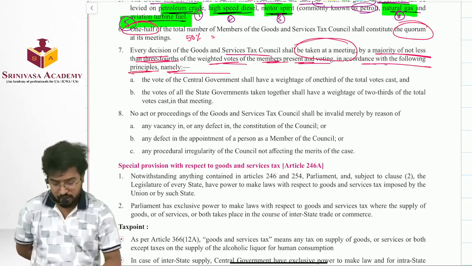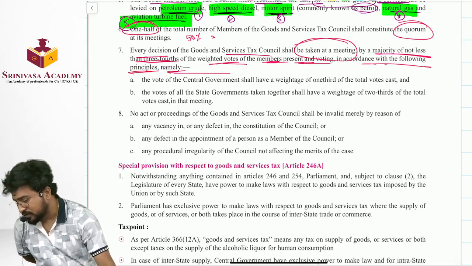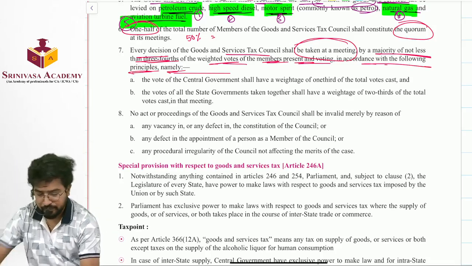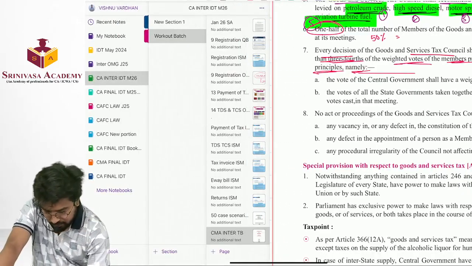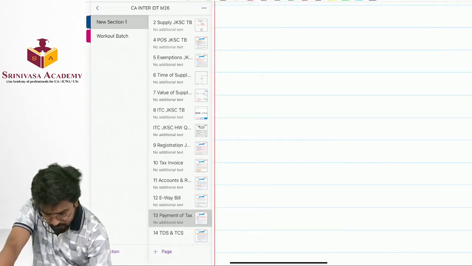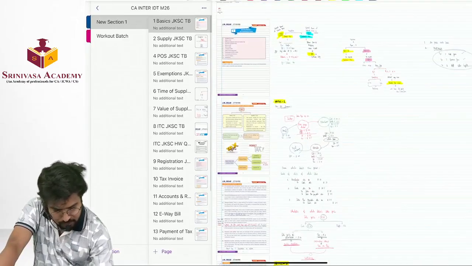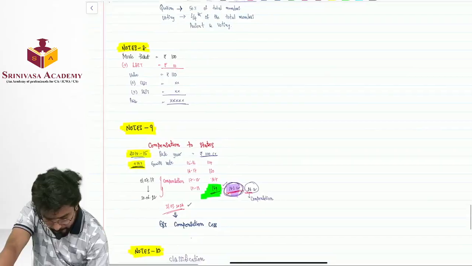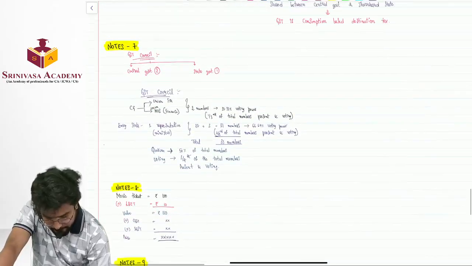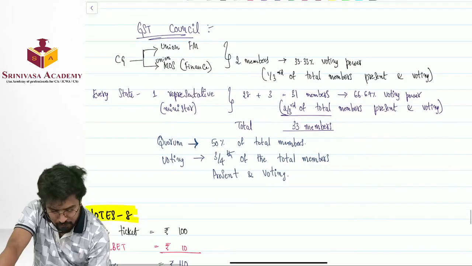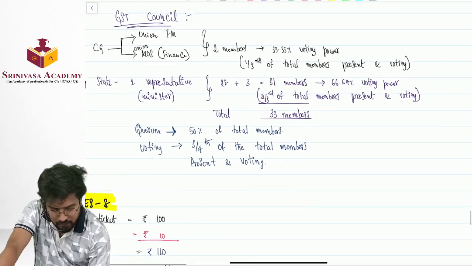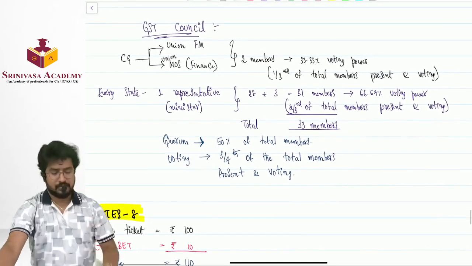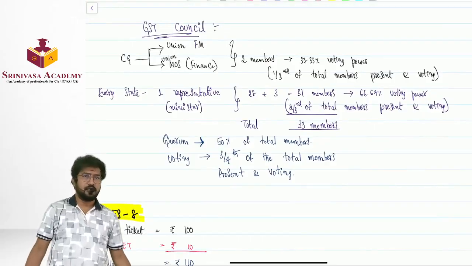Now look at this. Total how many members are there in the GST Council? 33 members.